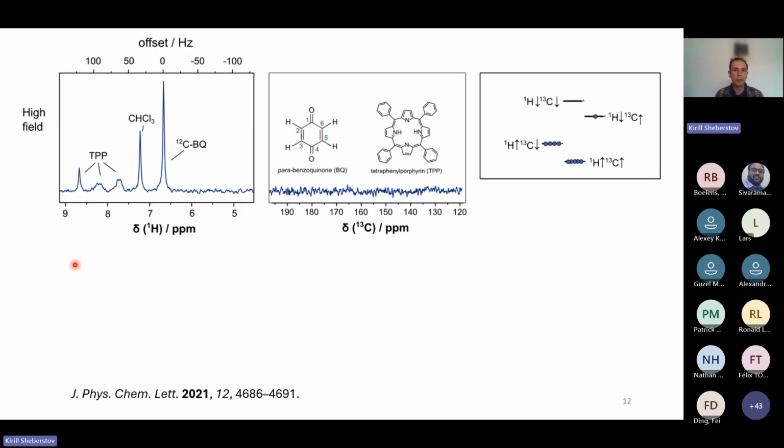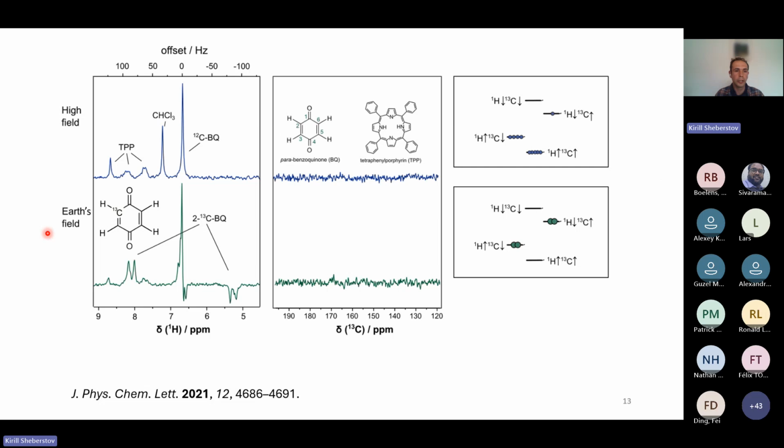All right, so now let's see what we observe in the experiments. This is a proton spectrum showing signals of porphyrin, of the solvent, and of benzoquinone. In these cases, we couldn't see any signals coming from the molecule containing carbon-13 because the sensitivity was not sufficient.